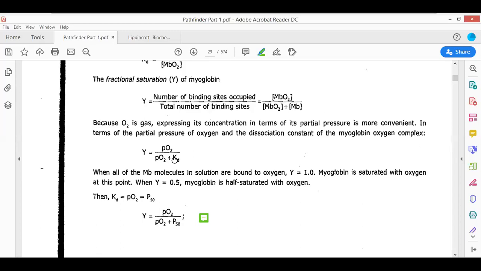So this is the formula: total number of binding sites occupied in an enzyme divided by total number of binding sites present in that enzyme. And if the number of binding sites occupied becomes equal to the total number of binding sites present, then we say that the enzyme has been completely saturated with substrates. This is the one that we are going to study in enzyme kinetics. This is what happens in enzyme kinetics.